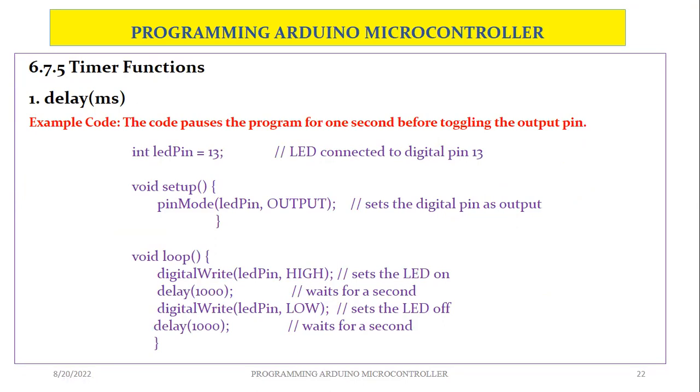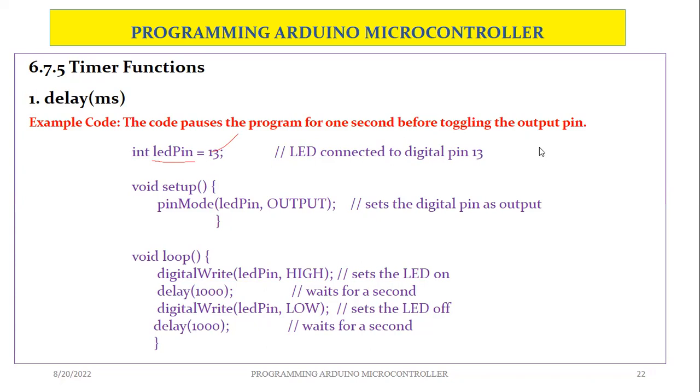That is 1000 milliseconds. So in our program, we're going to first of all declare an integer variable, which we are going to call LED pin, then assign it digital output pin number 13. So we're assuming that our LED is connected to digital output pin number 13.